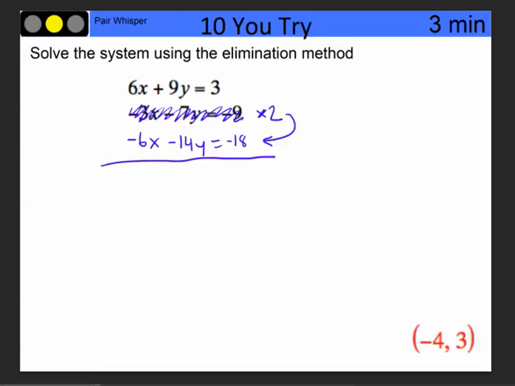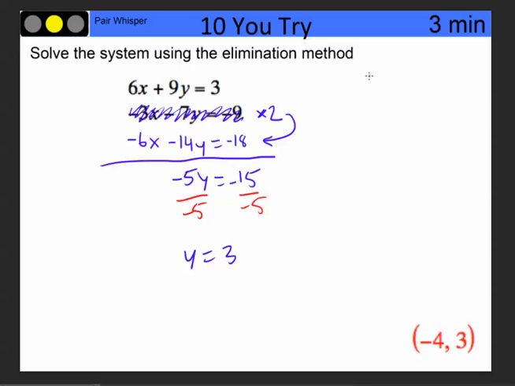So now I have positive 6x minus 6x makes 0. 9y, -14y makes negative 5y. 3 minus 18, negative 15. Divide by negative 5. y equals positive 3.